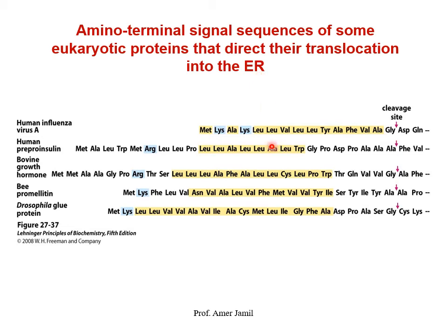The amino-terminal part of the polypeptide usually contains a signal sequence. This signal sequence is present in both prokaryotic and eukaryotic proteins.